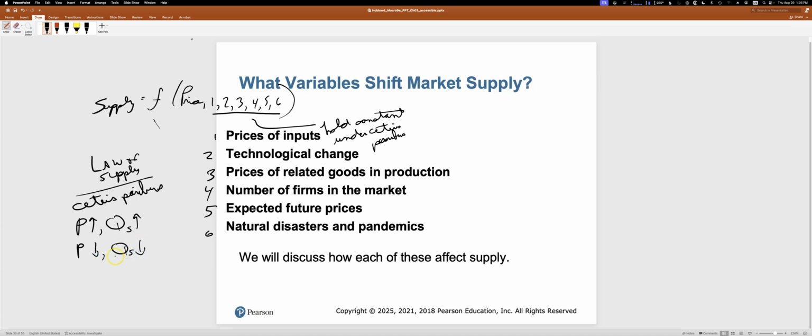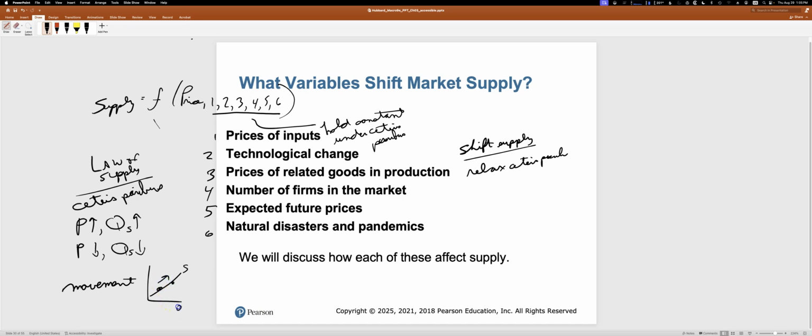That's all well and good. Now we're going to say that we can shift supply by relaxing ceteris paribus. This is a movement along the curve, where it looks like this.